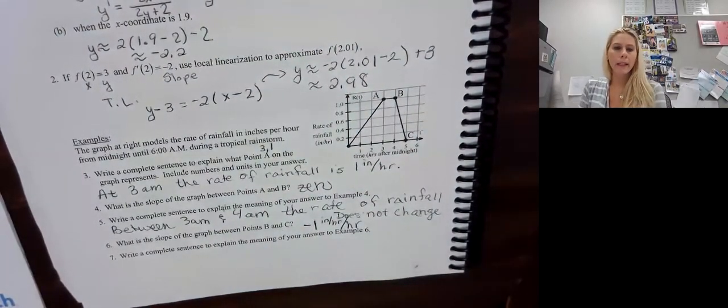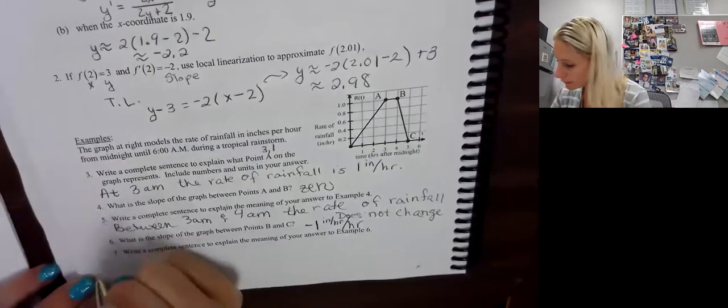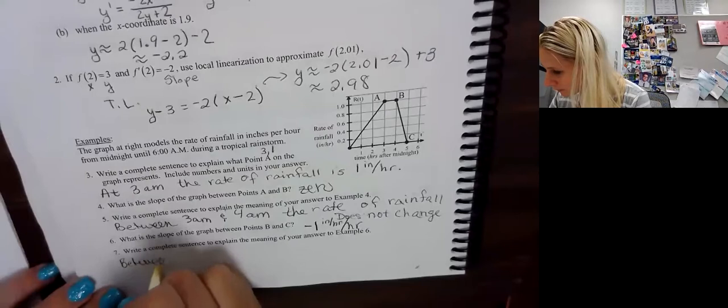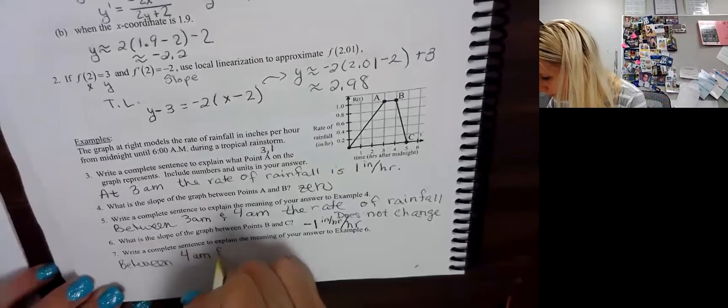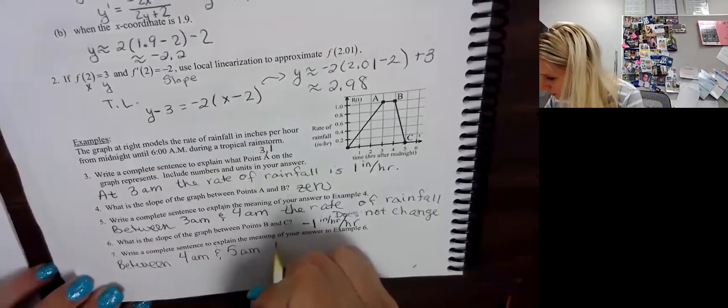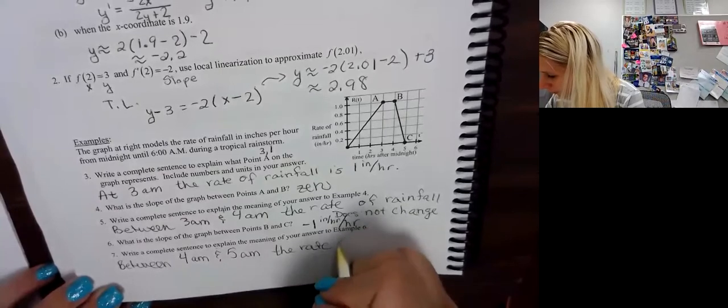All right, explain or write a complete sentence to explain the meaning of our example. So really focusing on these sentences. So let's look at our x. Our x represents time. So we're going to say between 4 a.m. and 5 a.m., the rate of rainfall.